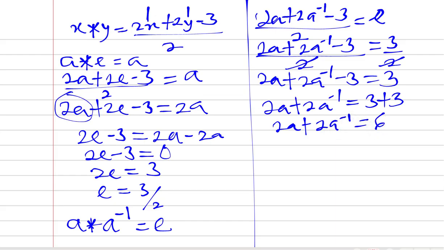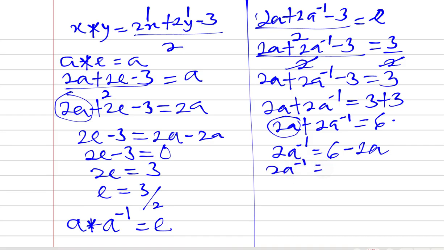Then don't forget that you are making a inverse the subject of formula. So this will become 2a inverse equal to 6. If you take this one to this side, it will become minus 2a. And then that means I'll divide through by 2. Or you can also say that this is 2a inverse.